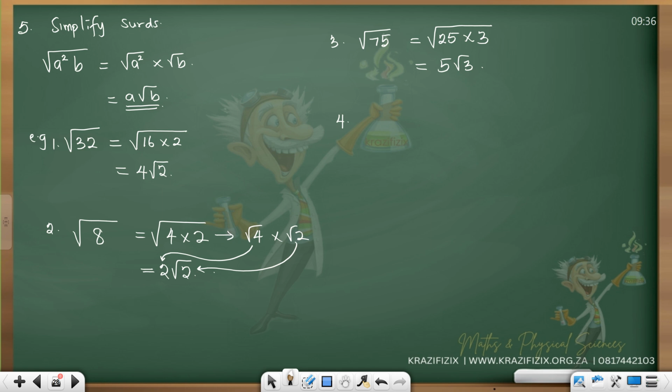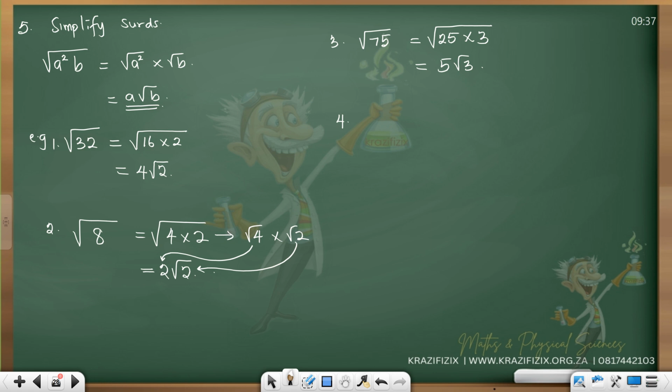But sir, when you say 8 is not a perfect square, when we say a perfect square, it is a number that will give you a whole number when you find its square root. For example, 16 is a perfect square.